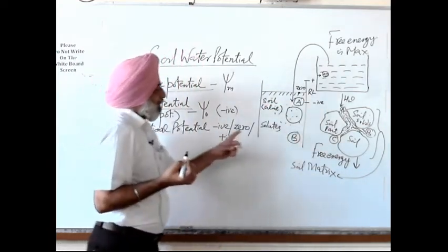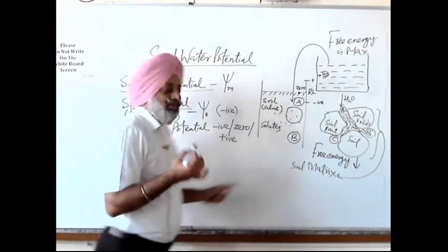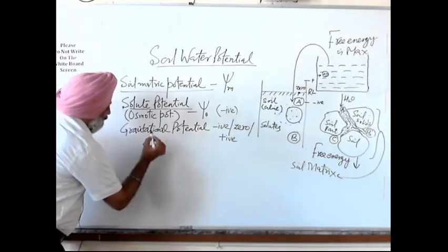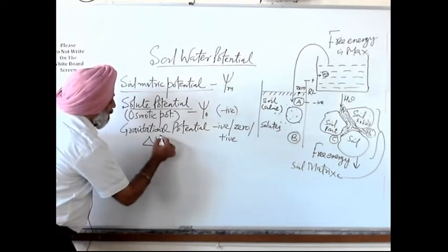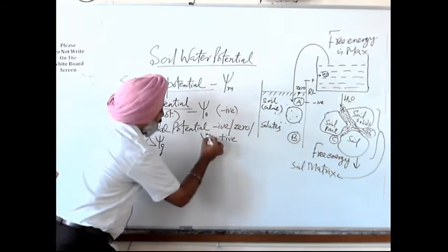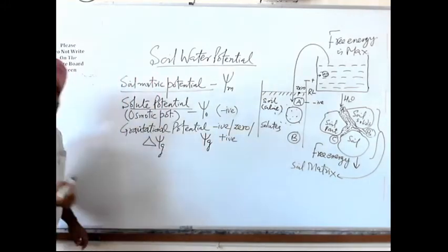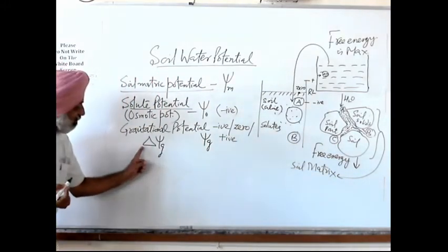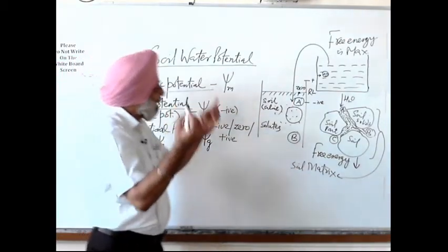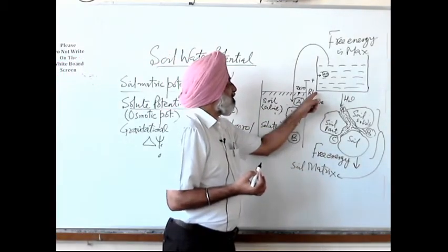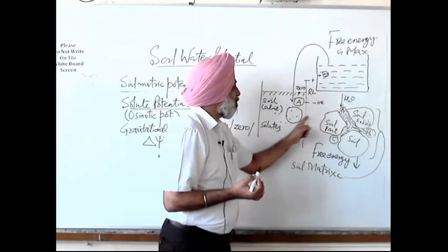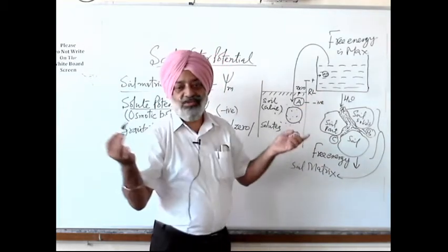Now, because we are comparing the 2 points, it doesn't matter; it is the difference in gravitational potential that matters. This is in fact indicated by psi g. So this difference in gravitational potential will remain the same whether your reference level is present over here or over here or over here. At any point, the difference will remain the same.